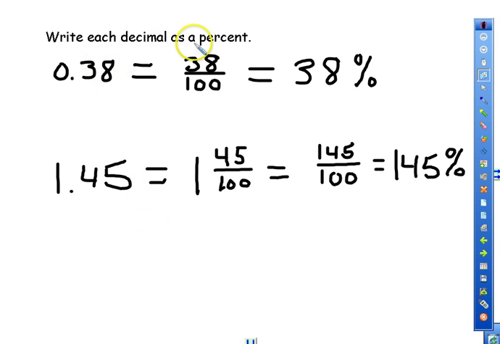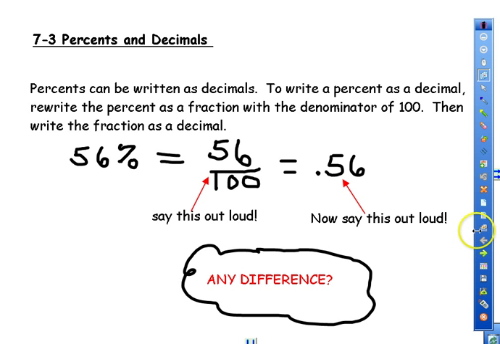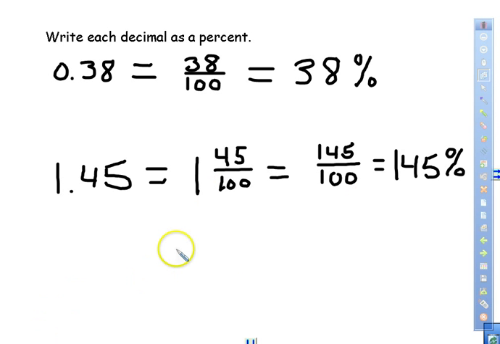It says write each decimal as a percent. And I'm going to back this up, hit pause. All right, so what you're going to do is the same thing, now that you're going from decimal to percent, in the other direction. You say the 38 hundredths, so you write it 38 over 100 equals, well, any number over 100 is the percent.